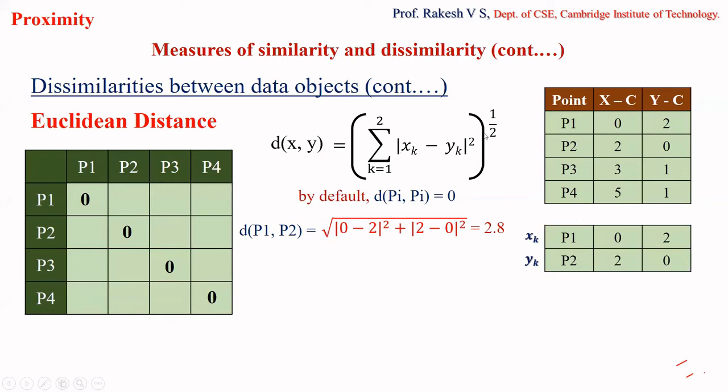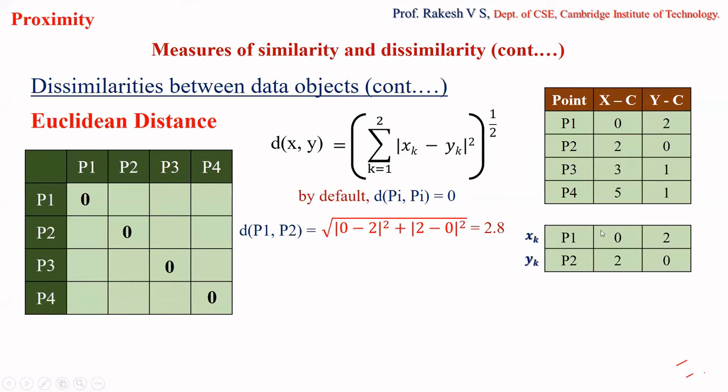So have you understood why this is a square root? Because I have whole power 1 by 2. This is the exponential form, and I have converted it into the normal form. When I represent the square root in the exponential form, I'll write it as whole power 1 by 2. Correct? Now, this is how you find the distance between P1 and P2.